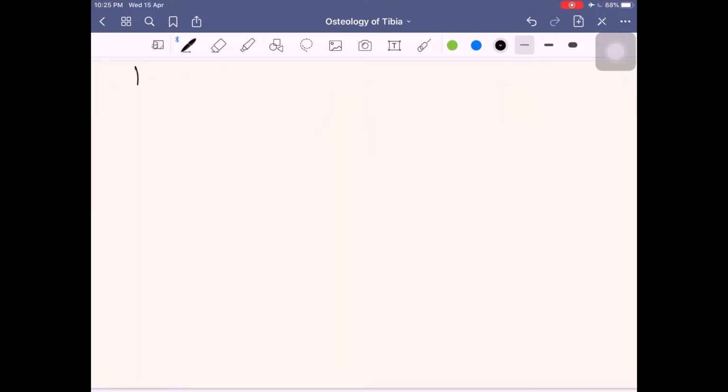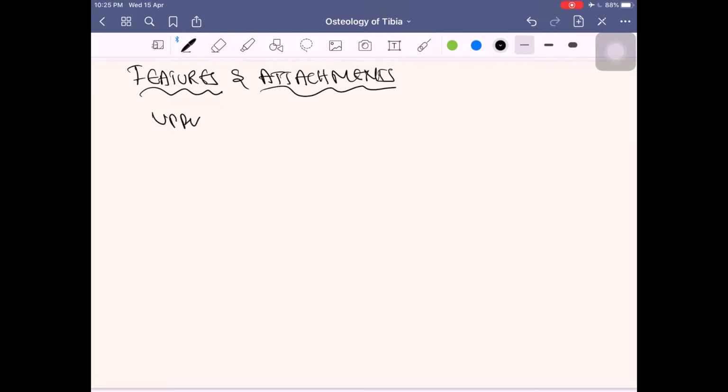Now let us talk about the bony features and the muscle and ligament attachments. We will talk about the upper end, then the shaft of the tibia, then the lower end.